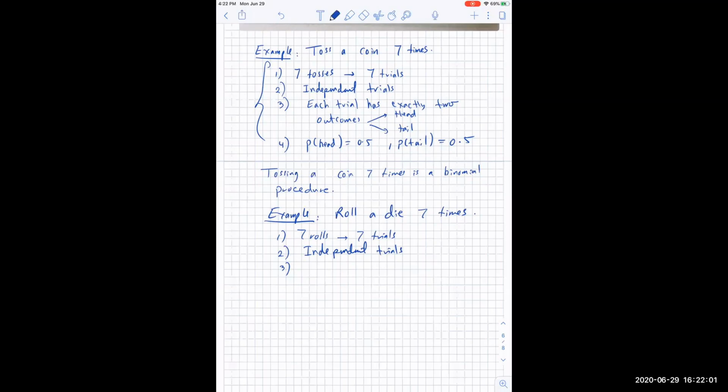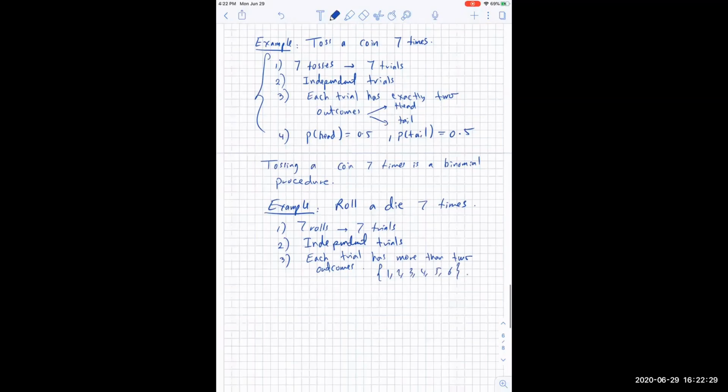The answer is no. Each trial has more than 2 outcomes: 1, 2, 3, 4, 5, 6. So it is not binomial. So we stop here, since each trial has more than 2 outcomes.